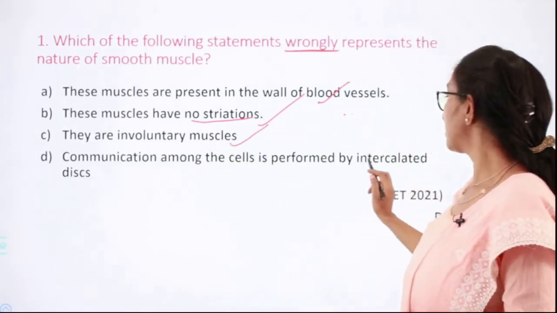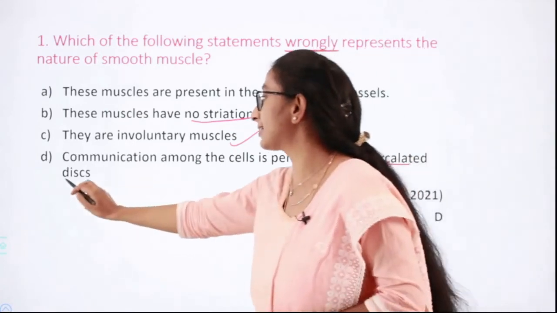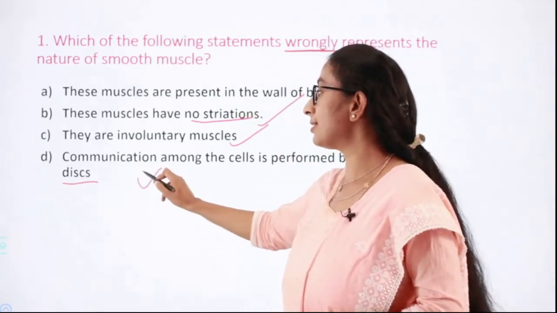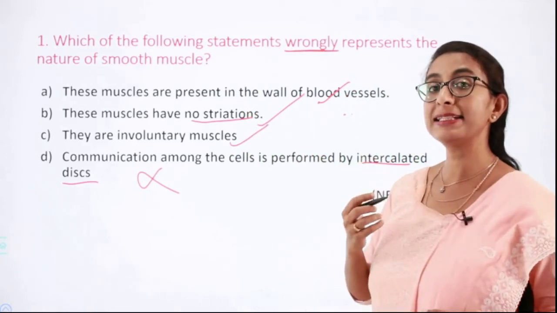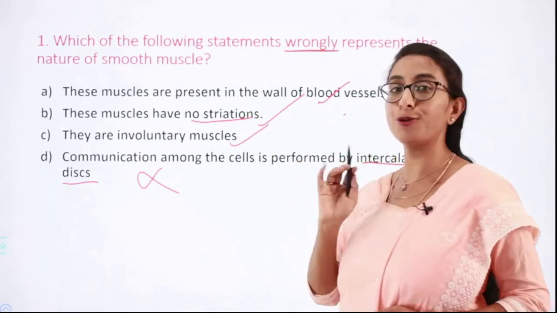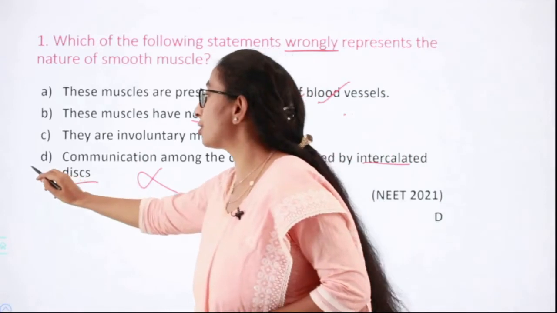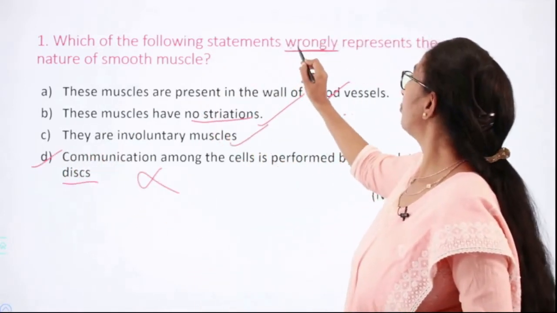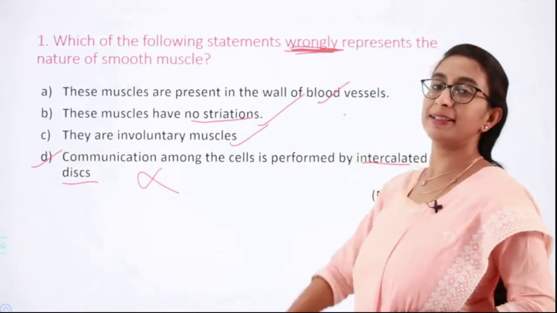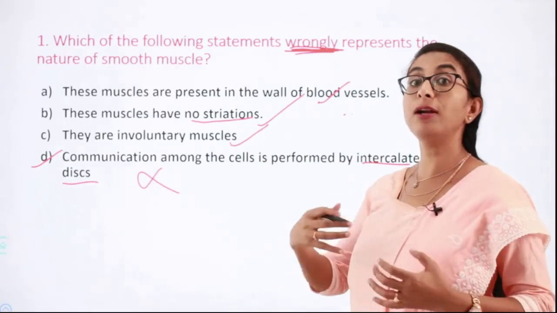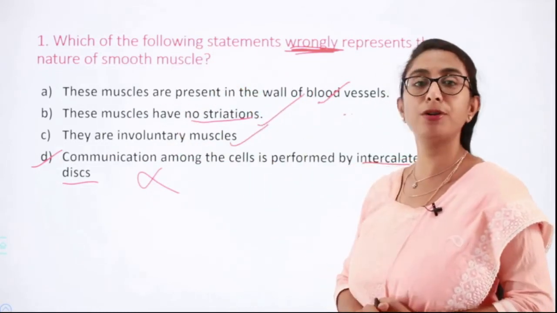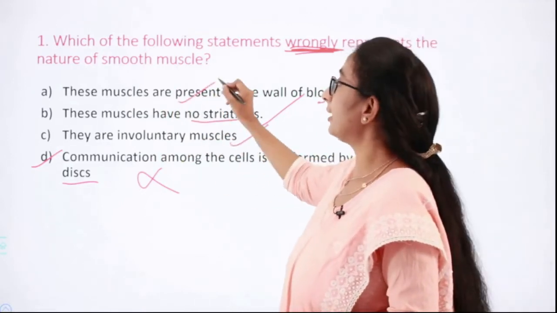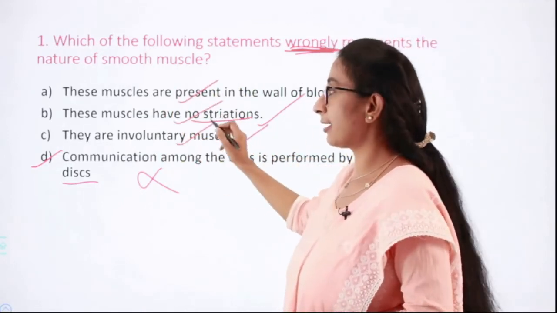Communication among the cells is performed by intercalated disc. No, that is wrong, because the communication among the cells is performed through intercalated disc in a heart muscle and not in a smooth muscle. So the right answer option will be D, because they are asking which of them wrongly represents the nature of smooth muscle. If the question had been which among these is right about the smooth muscle, then this is also correct, this is also correct, this is also correct, isn't it?